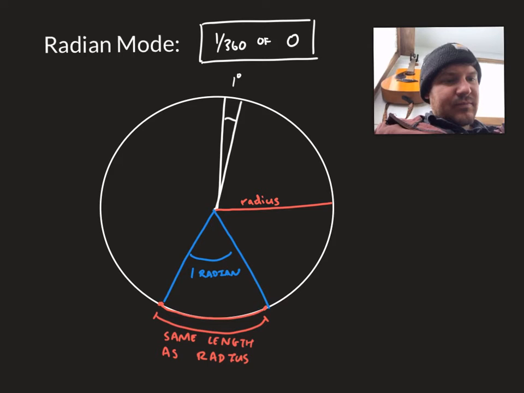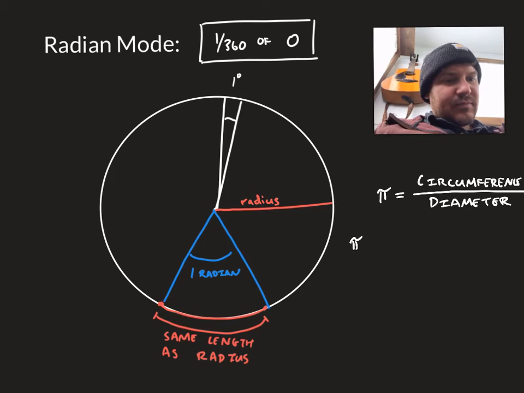Well, we learned that the formula for circumference, well, first of all, we learned that pi was a number. And pi was a number that always is equal to the whole circumference of any circle divided by its diameter.